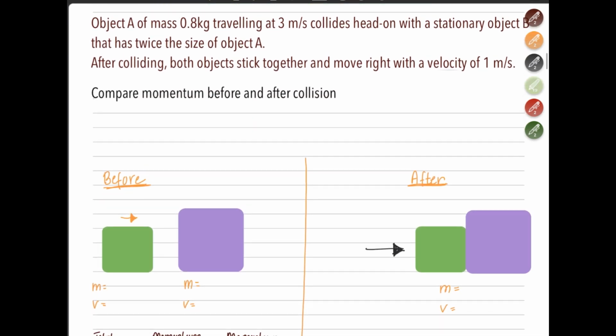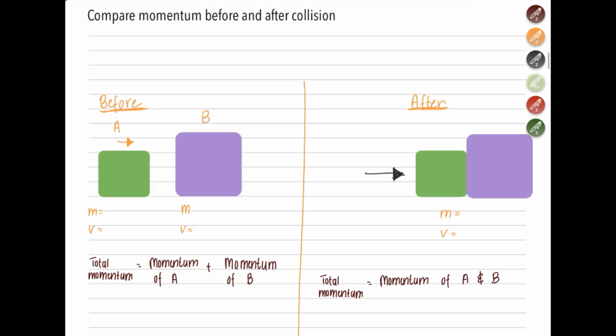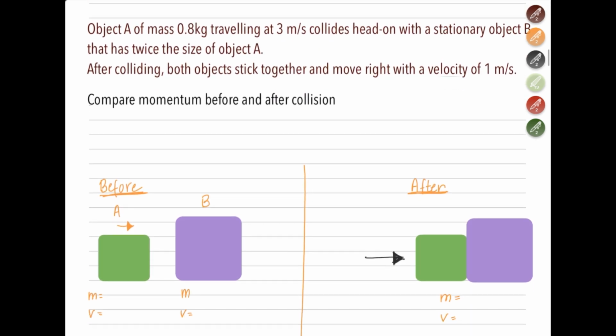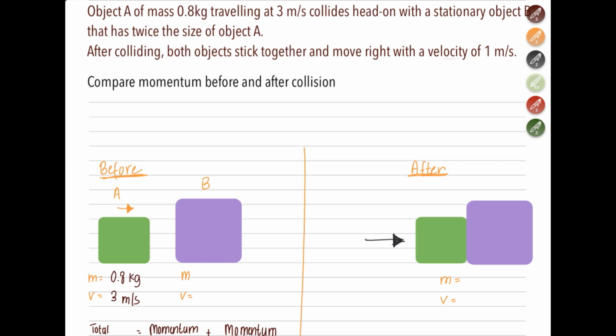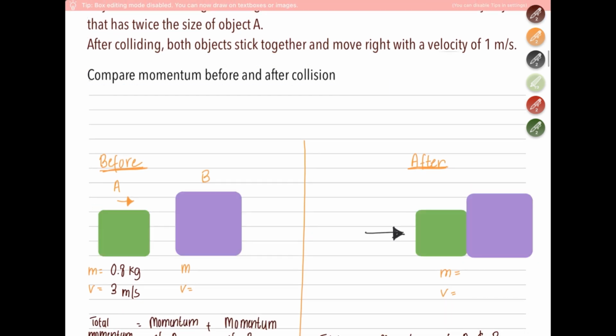So as we can see, this is the situation. We have object A, this is object B. Let's write down the mass and velocity for object A and B. So they're saying it's 0.8 kg traveling at 3 meter per second. That's for object A. Object B, on the other hand, has twice the size, so it's going to be 0.8 times 2.